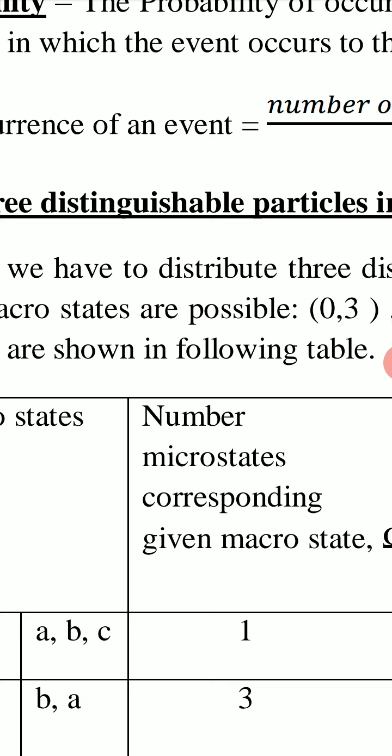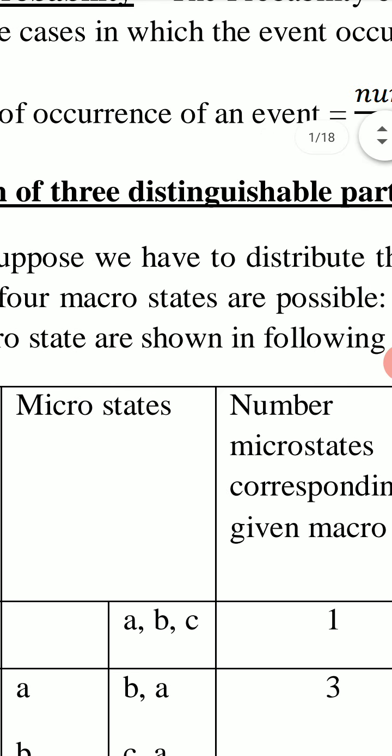Distinguishable particles are those which can be distinguished from each other. We write them by A, B, C, etc. And indistinguishable particles are those which cannot be distinguished from each other. We write indistinguishable particles by dot.